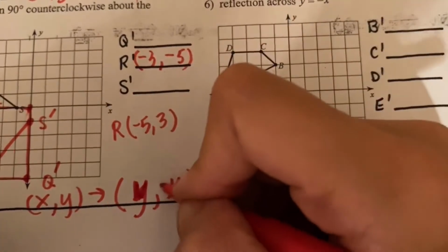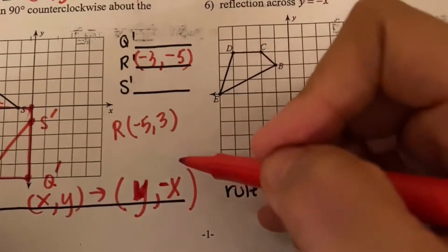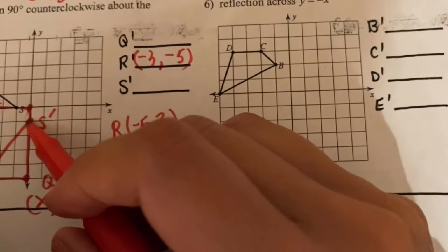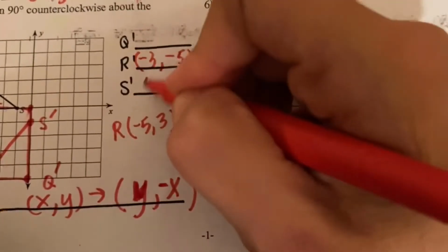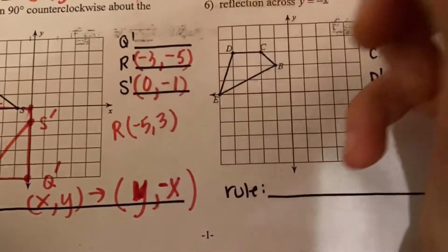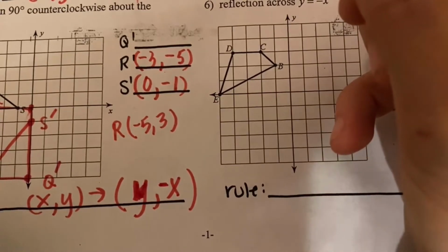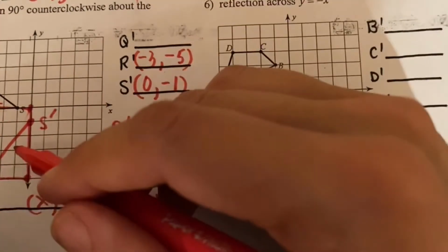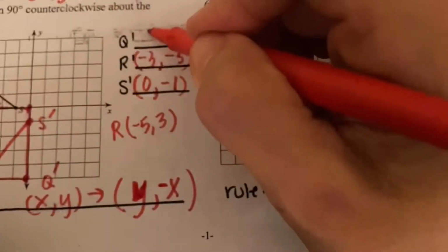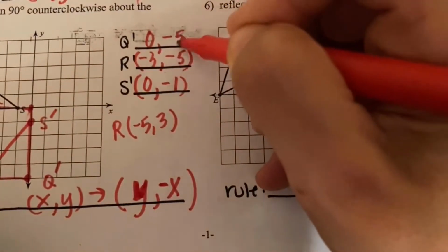But this one changed signs. I think that's what happened before. Let's see if that same thing happened with X prime, which is 0, -1. And our Q is 0, -5.